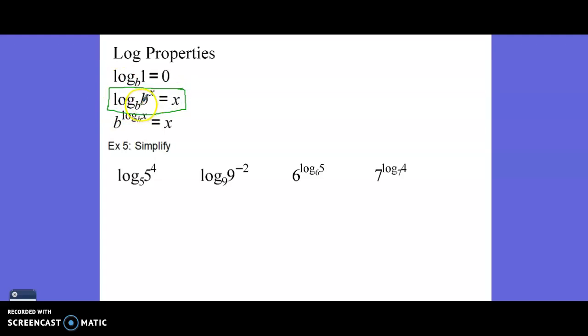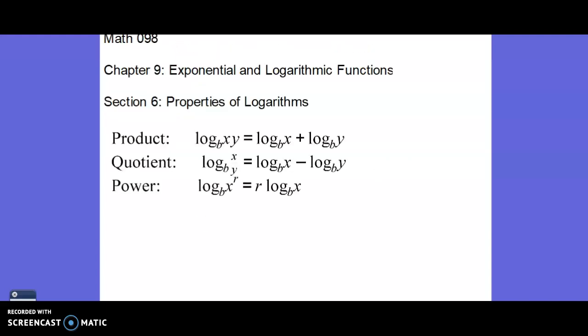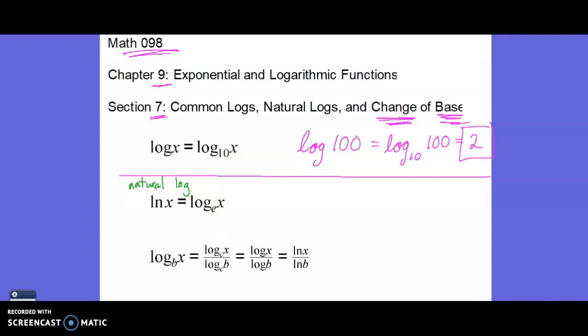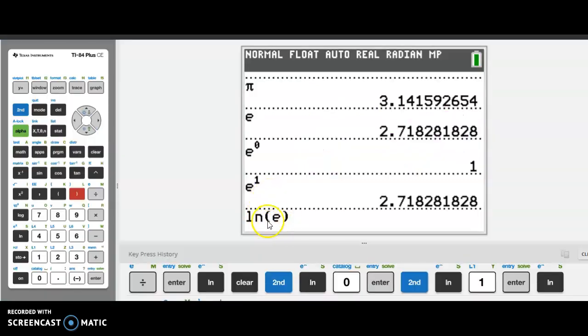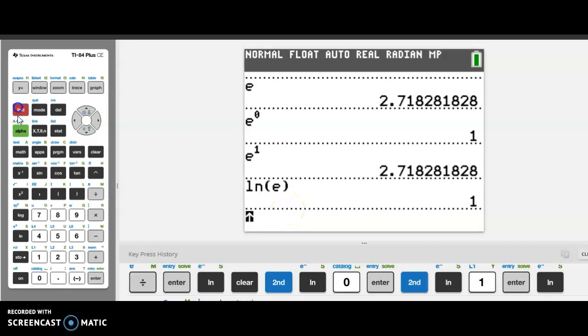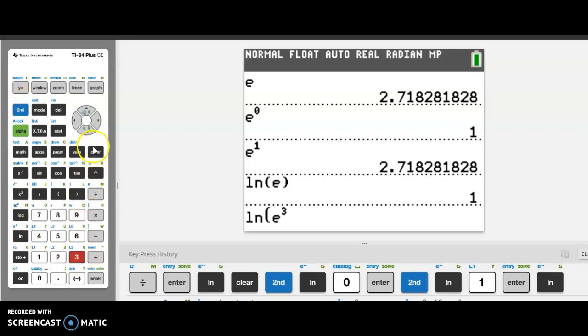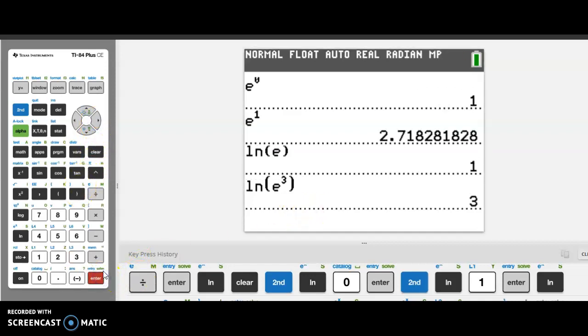If the bases are the same, they'll cancel out and they'll be equal to whatever the exponent is. So in this case, natural log of e, they cancel each other out and you're left with whatever the exponent is, which in this case is 1. So just to give you one more problem to think about, if you had natural log of e to the 3rd power, natural log of e would cancel and your answer would be 3.